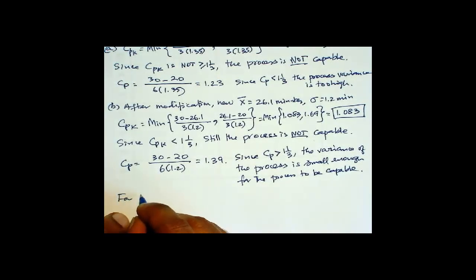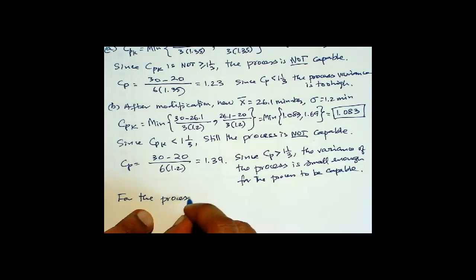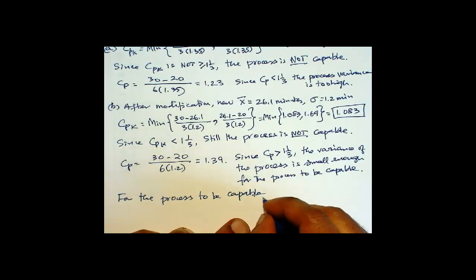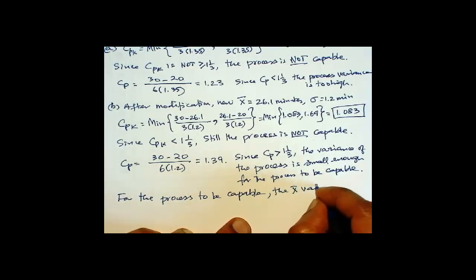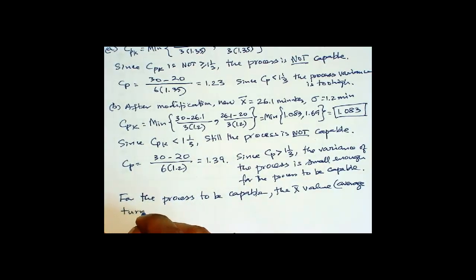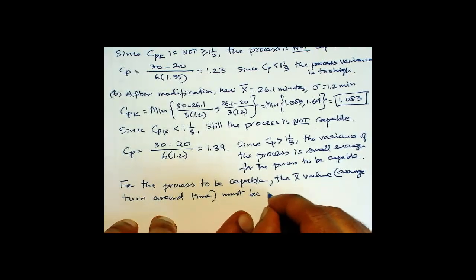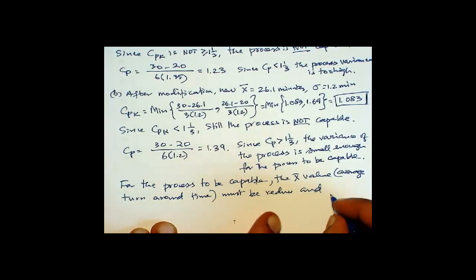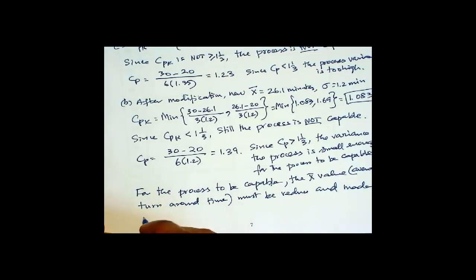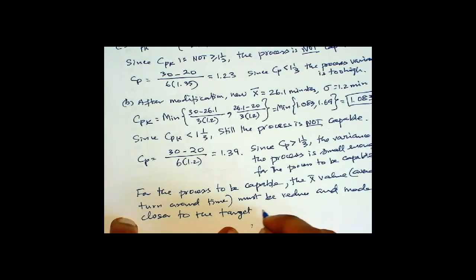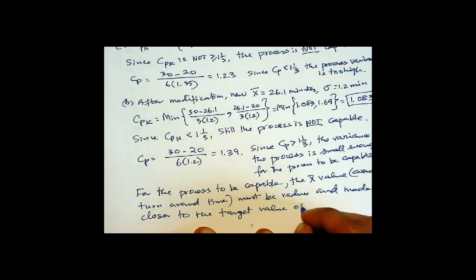So for the process to be capable, the X bar value, which is the average turnaround time, must be reduced and made closer to the target value of 25 minutes.